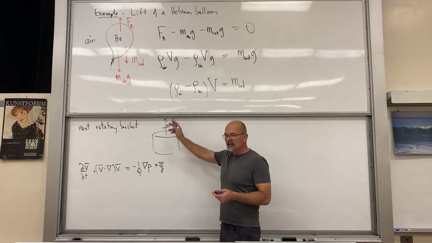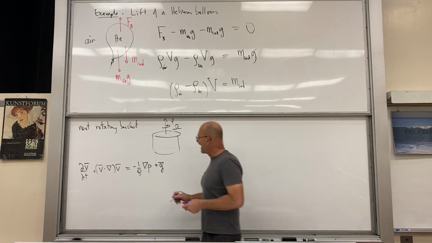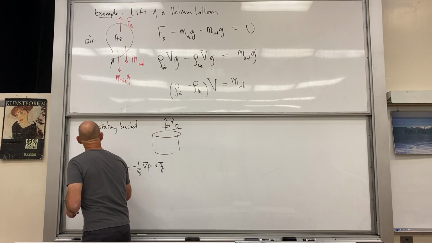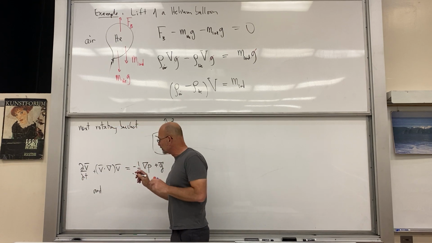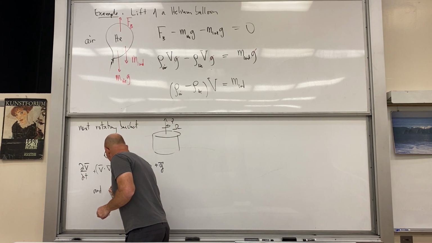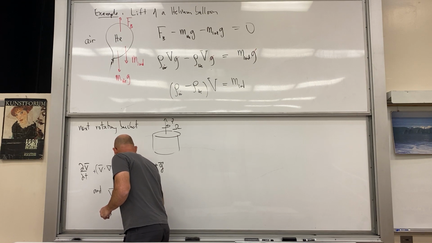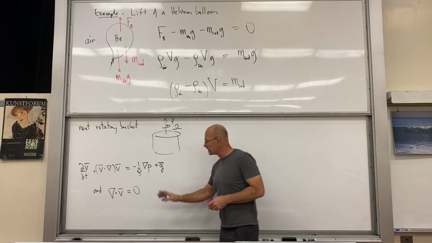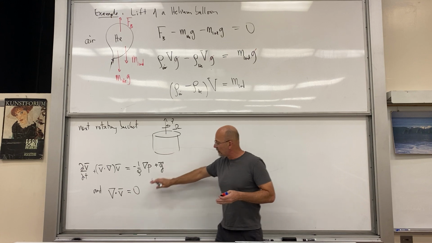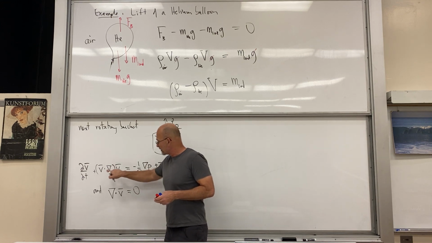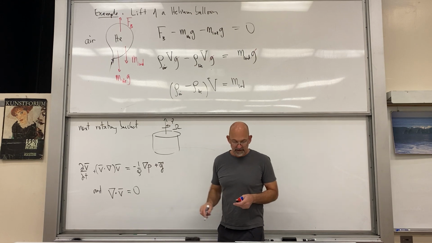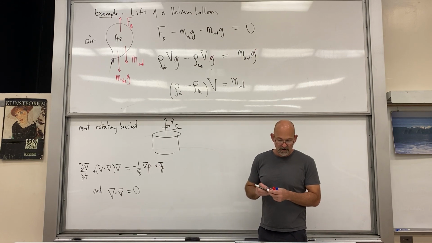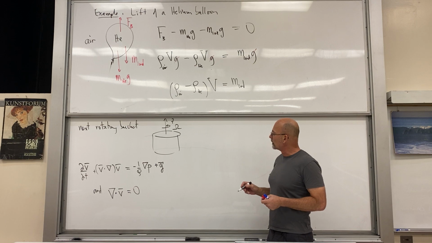So the z is the up direction as before. And our continuity equation, in the incompressible fluid case, we have divergence of v equals 0, and so that is a full set of equations. 1, 2, 3, 4 equations for velocity and pressure. Rho and g are constant. Okay, so this is the rotating bucket.